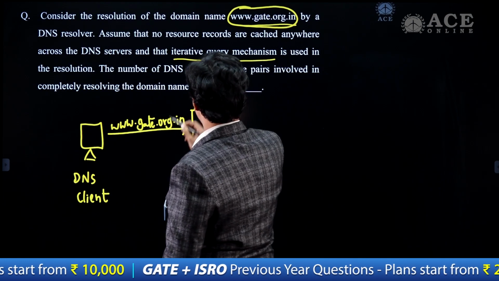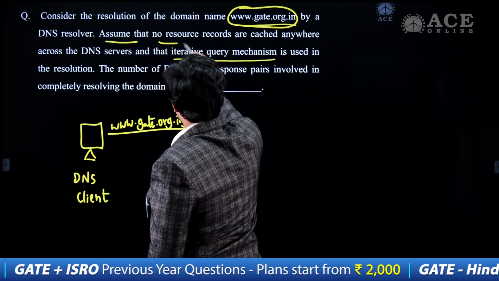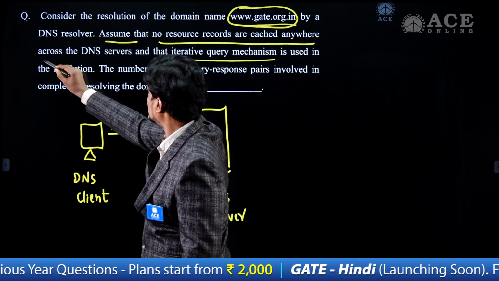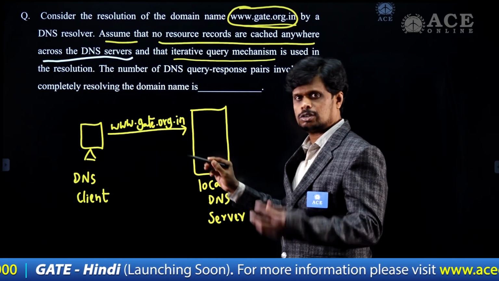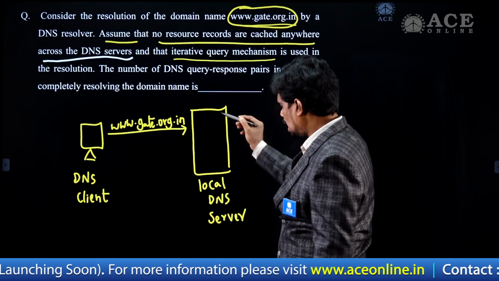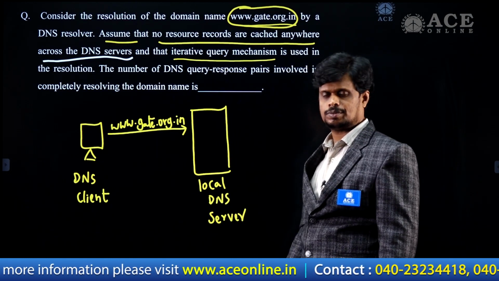But it is clearly mentioned that no resource records are cached anywhere across the DNS servers. So it means that the corresponding address of this URL is not available in this local DNS server.